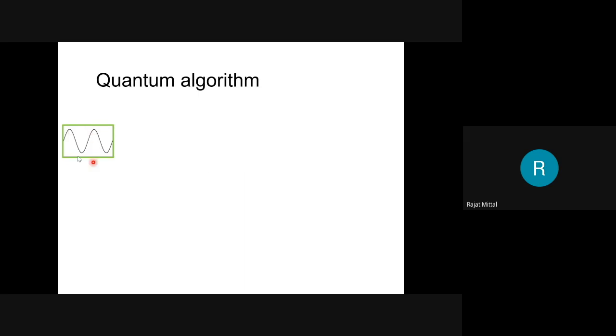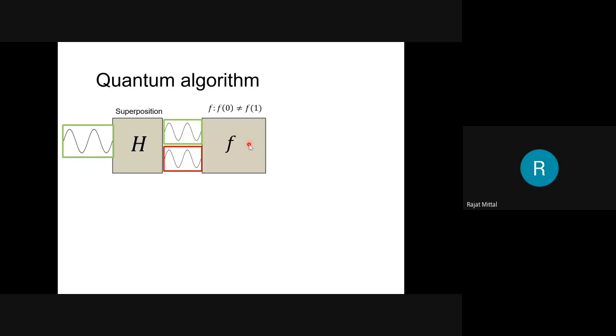What happened was, in some sense, you should view this as amplitude as my input. Now, when I apply Hadamard, what will happen? It will get divided into 2 parts, 0 plus 1, right? So I have now two states, 0 and 1. Now, when I apply the function, if f0 was not equal to f1, there will be a different phase applied to these parts.